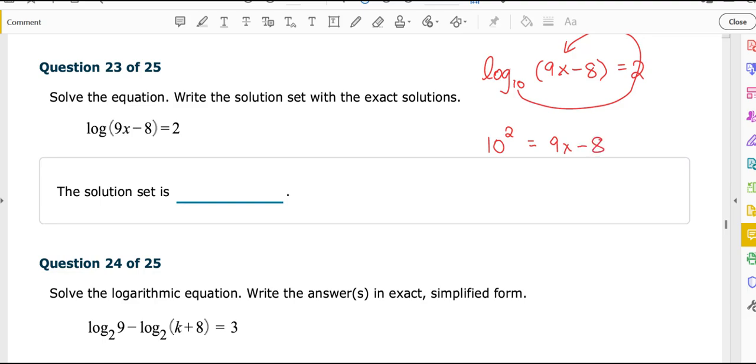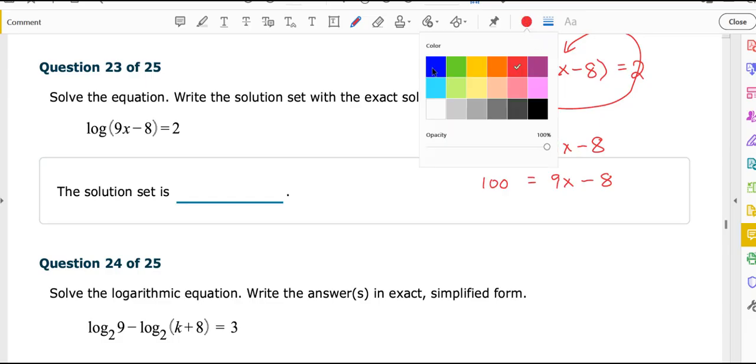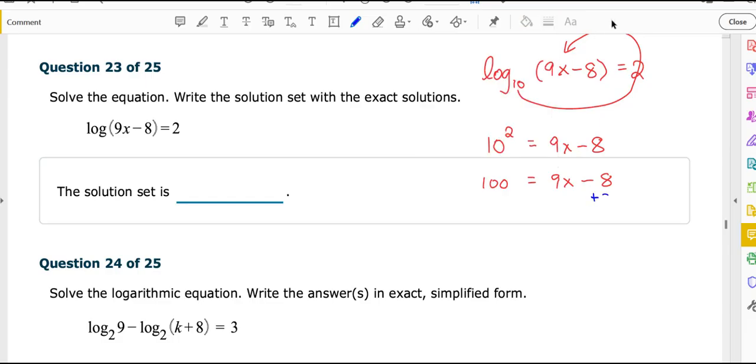Now, what is 10 squared? That's 100 equals 9x minus 8. How do you solve for x? First thing you do is add 8 to both sides. So 108 equals 9x.